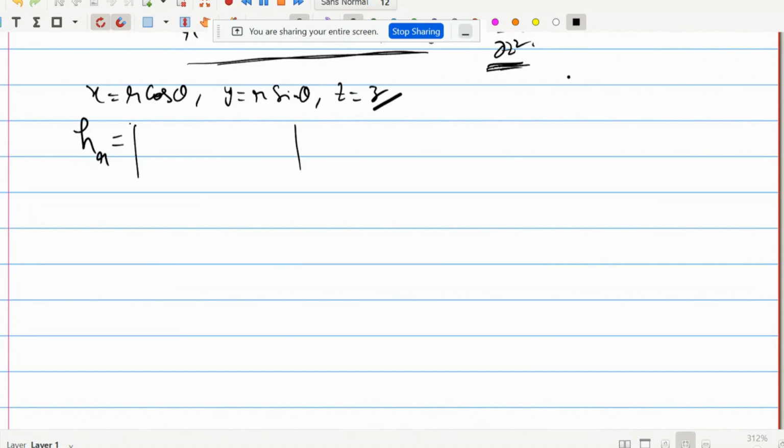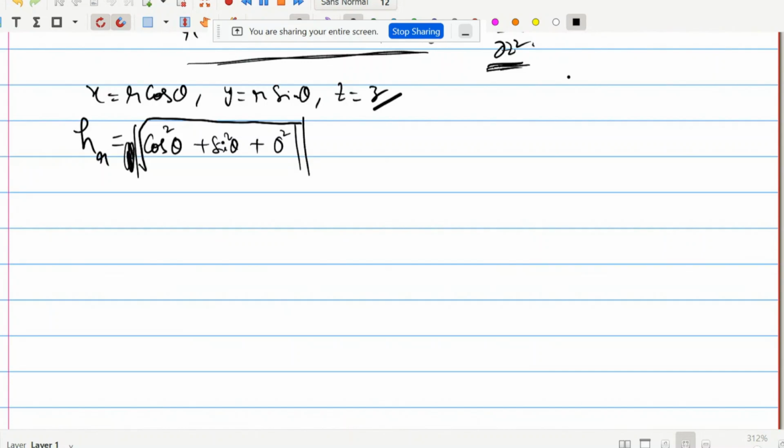h_r is the modulus of the vector (∂x/∂r, ∂y/∂r, ∂z/∂r). ∂x/∂r is cos θ, so cos²θ, plus ∂y/∂r is sin θ, so sin²θ, plus ∂z/∂r is 0 squared, right? Square means under root, right?